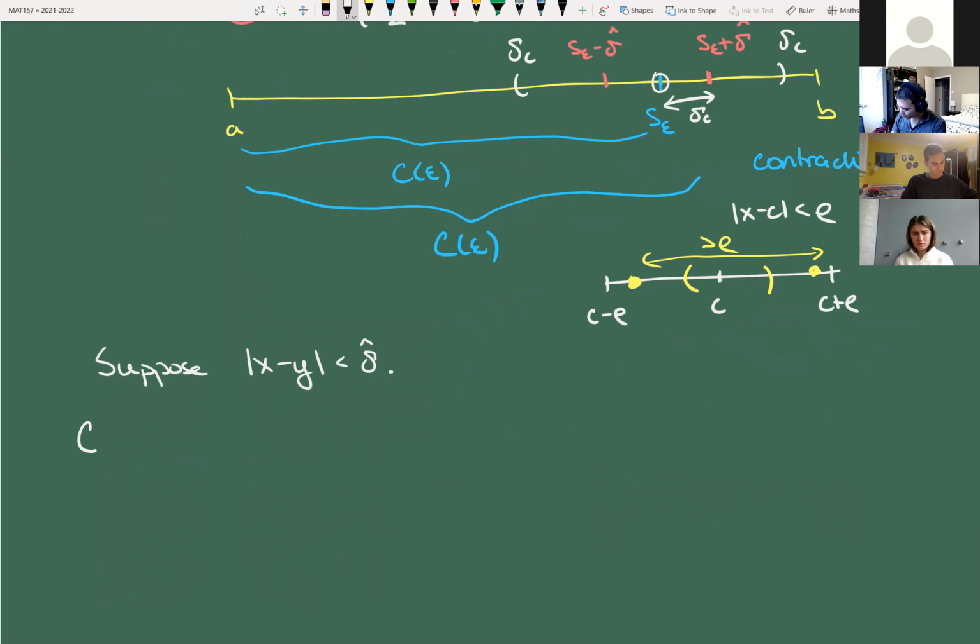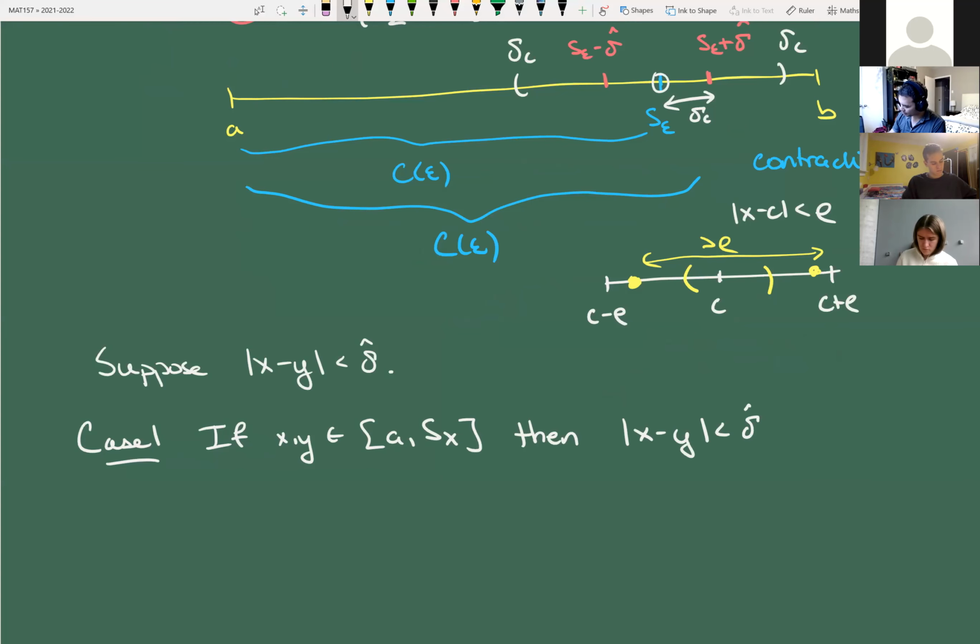Okay, so case 1. So if x and y are both in S sub epsilon, then the fact that |x - y| is less than delta hat, but delta hat is less than or equal to delta, implies that |f(x) - f(y)| is less than epsilon.